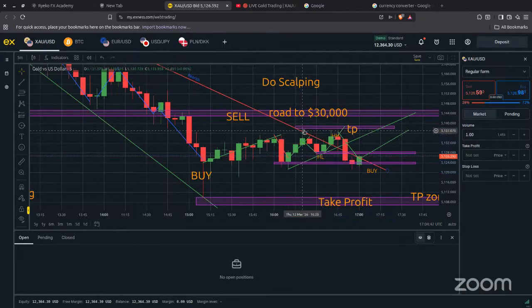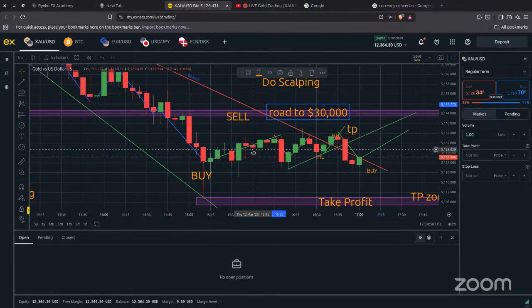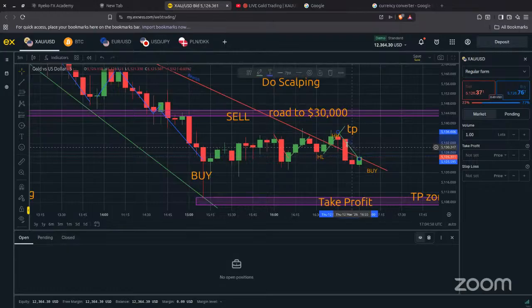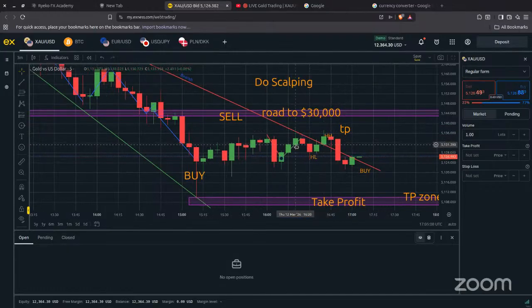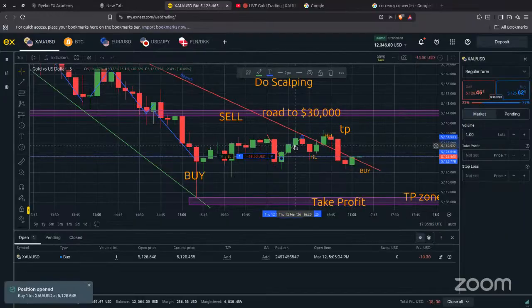I want to do something a little bit crazier. This setup is messed up. I'll still buy. You may blame me for buying, but I'll still buy.